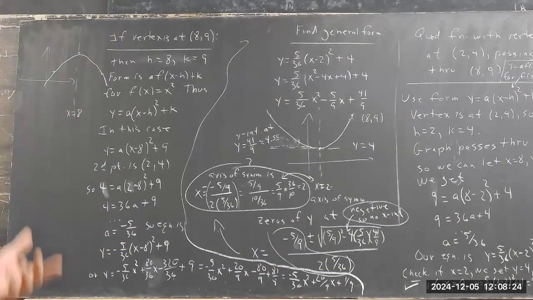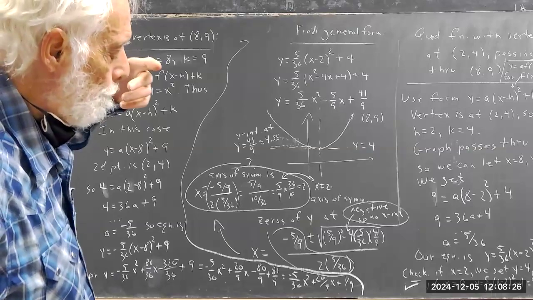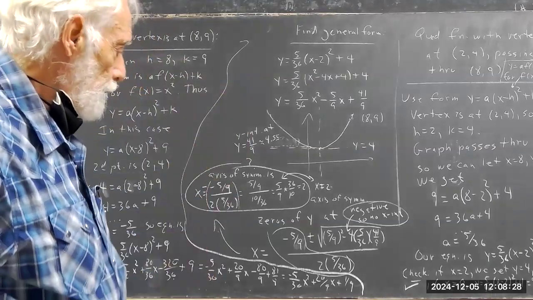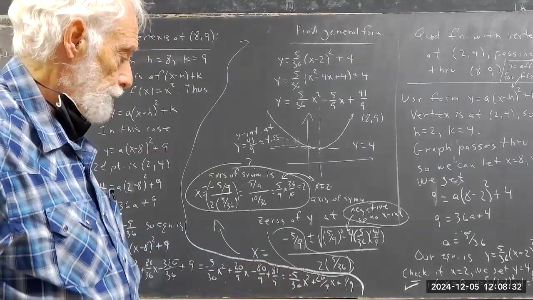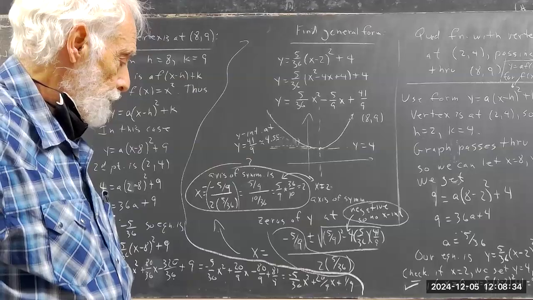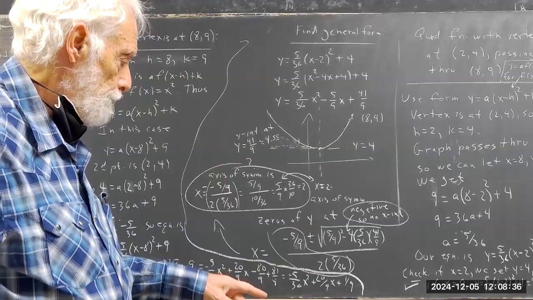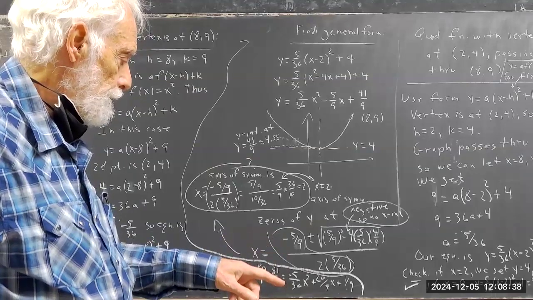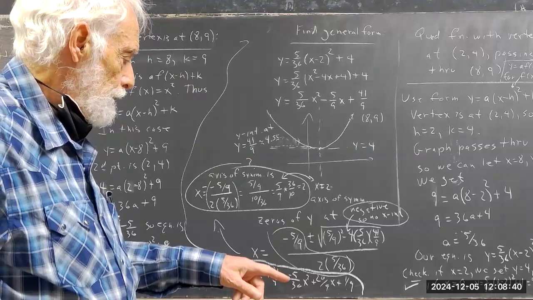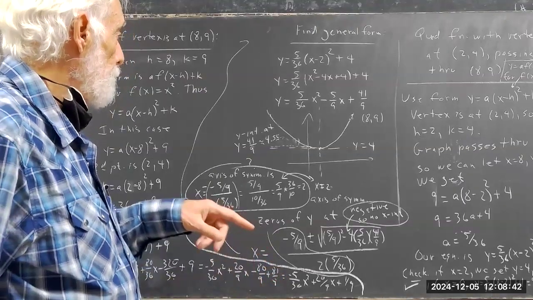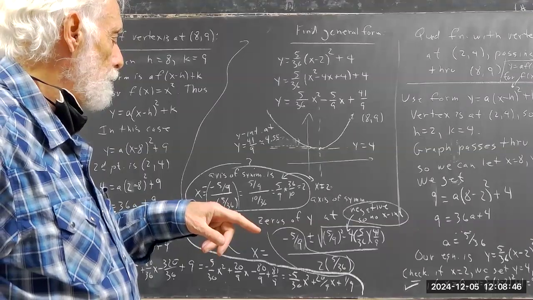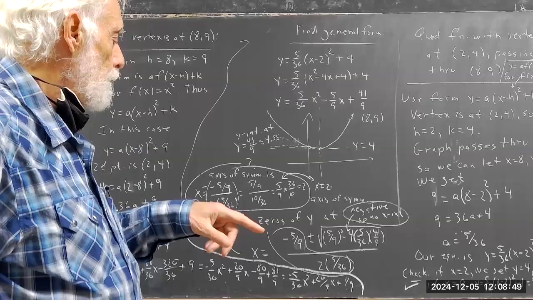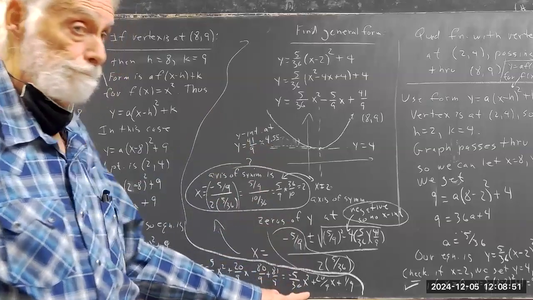If I find the coordinates of the axis of symmetry, it's going to be the negative of this over 2 times this. Yeah, we're going to get 8.